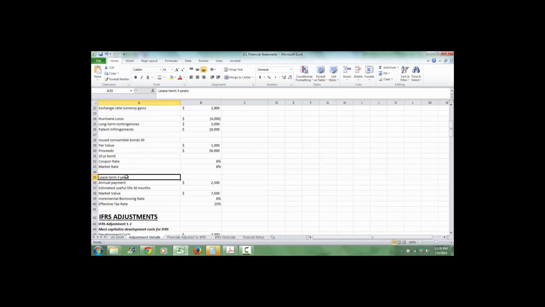They had a lease that was a 3-year lease with annual payments of 2.5 million. Market value of that was 7.5 million. The incremental borrowing rate would be assumed at 8%, and the company's effective tax rate is 25%.